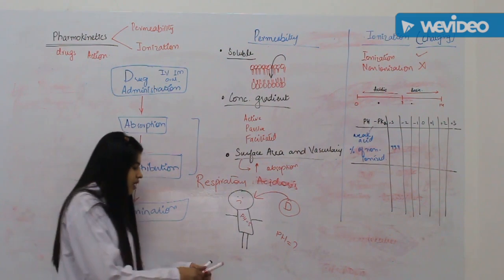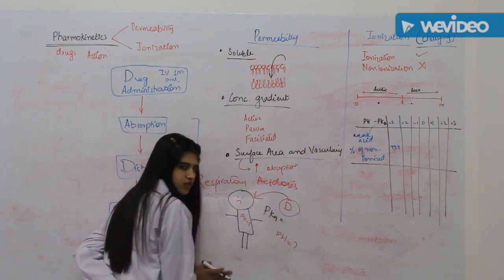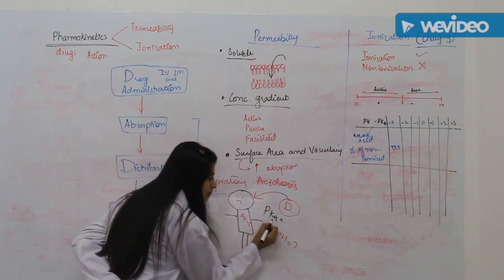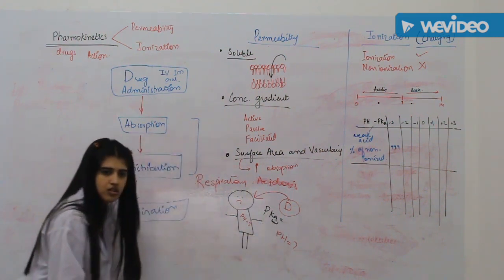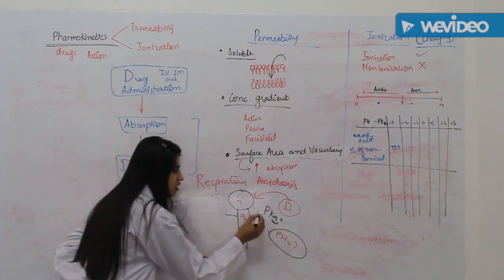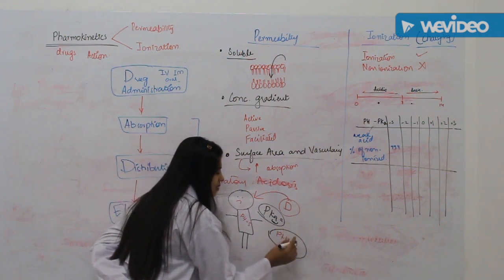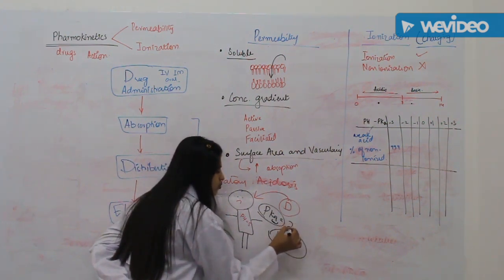But its pKa, according to the plasma concentration, this is the whole body's concentration, this is according to the plasma concentration, for example let me take this as 2.